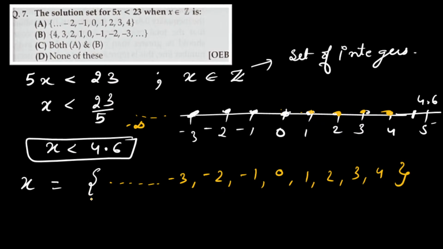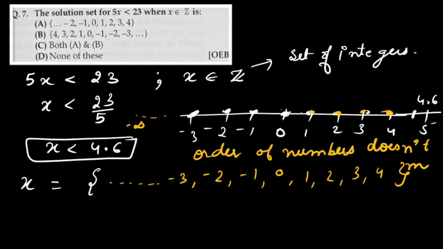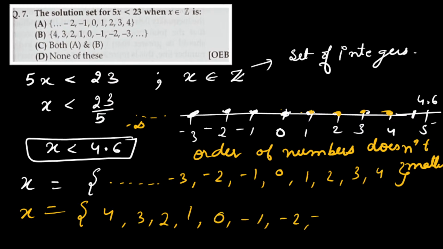But whenever we are writing a set, the order of the numbers doesn't matter. So that means this is a solution. X can also be this: 4, 3, 2, 1, 0, -1, -2, -3, and so on.